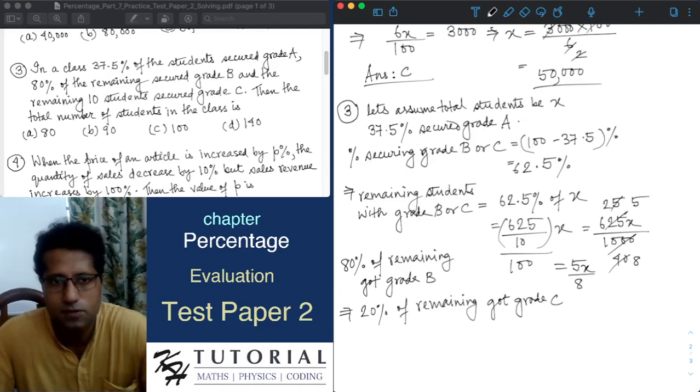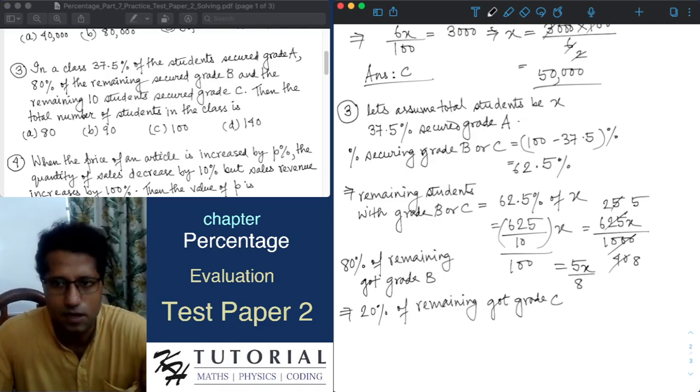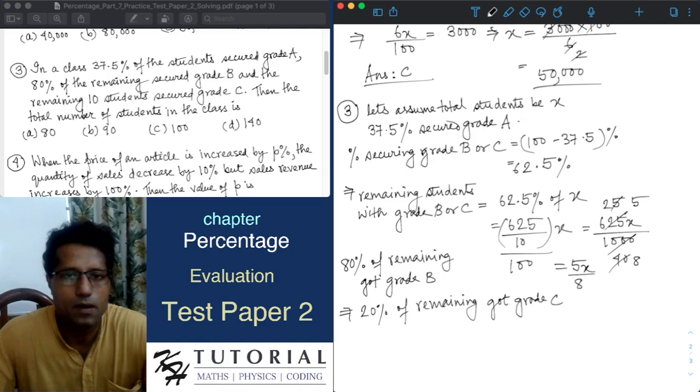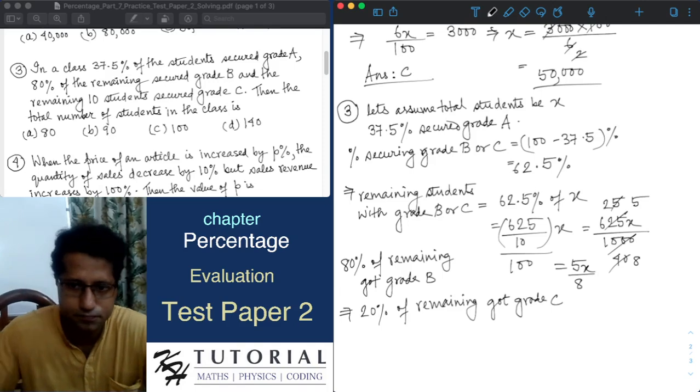What is the remaining? Remaining means 5x by 8, that is the 62.5% of the total number of students. And out of this 5x by 8, 80% of them got grade B, so 20% must have got grade C.